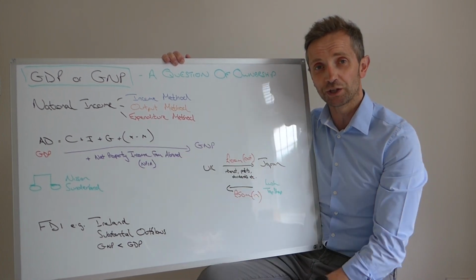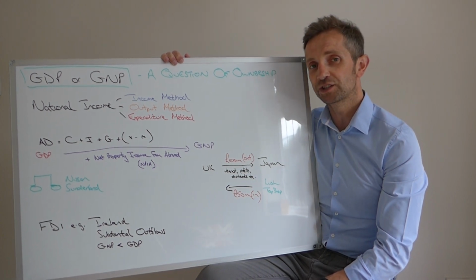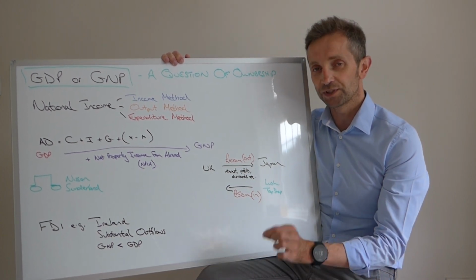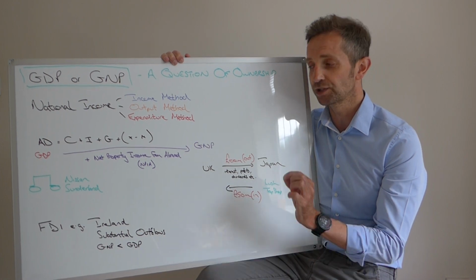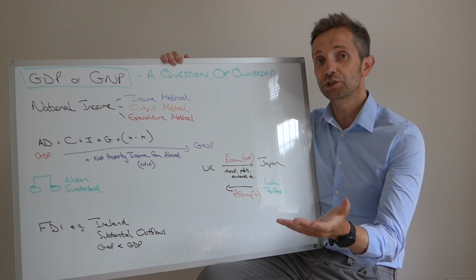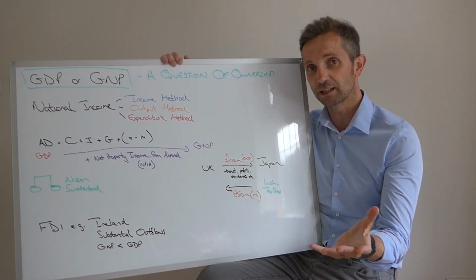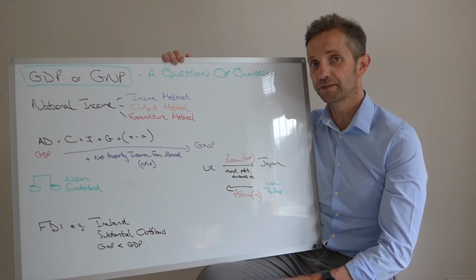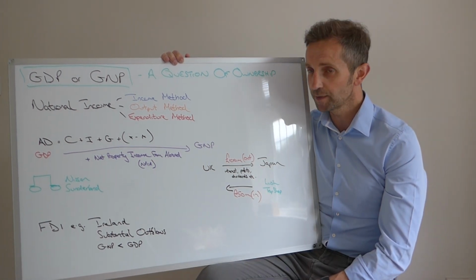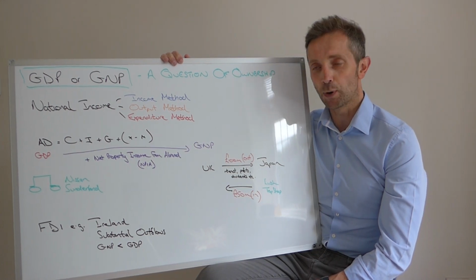Now, whenever you calculate national income using the expenditure method, really what you're doing is using your AD equation, your aggregate demand equation, C plus I plus G plus (X minus M). You'll all be familiar with those components, C being consumption expenditure, I investment expenditure, G government expenditure, X exports, and M imports.